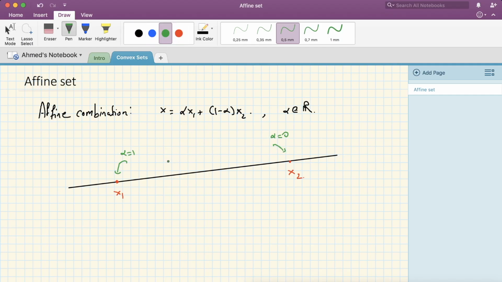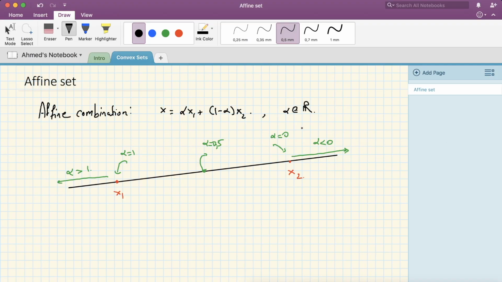When alpha is between 0 and 1, you're between x1 and x2, and in particular, when alpha is 0.5, you're at the midpoint. When alpha is negative, you're to the right of x2, and when alpha is greater than 1, you're to the left of x1. So an affine combination of 2 points is nothing other than a line joining those 2 points.